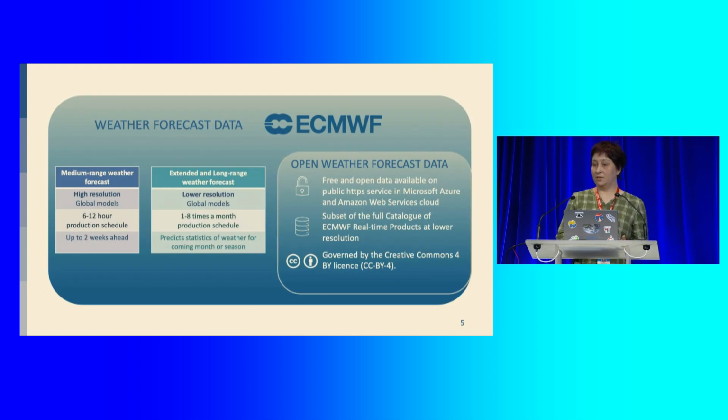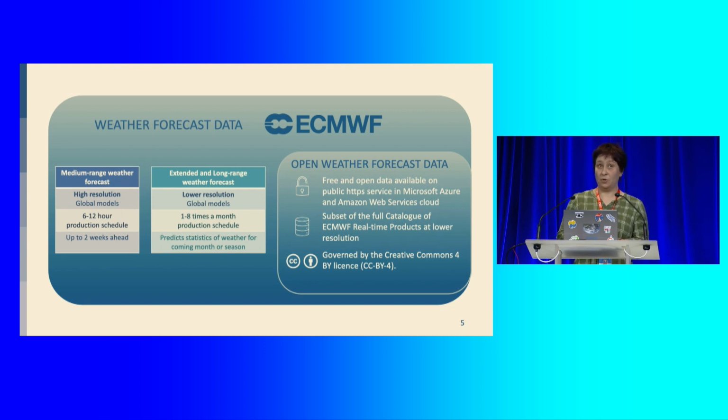So what is weather forecast data? At ECMWF, we produce medium, extended and long-range weather forecasts. Not for the first few hours, but for 10 to 15 days in advance. This we produce every 6 hours and up to 2 weeks ahead.